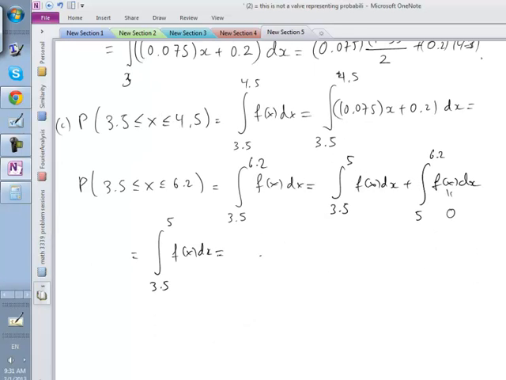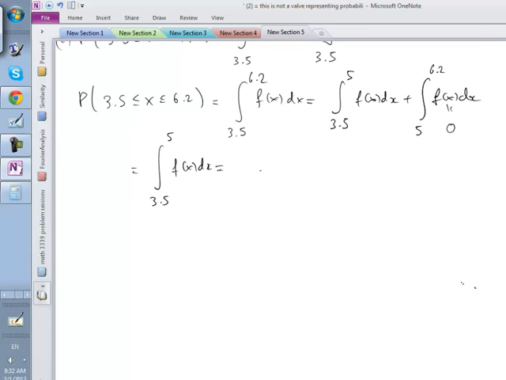Let's stay with this example and let's calculate the cumulative distribution function. First, we begin with values when a is strictly less than 3.